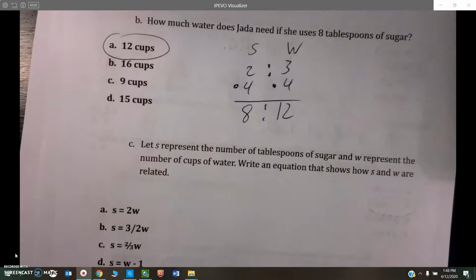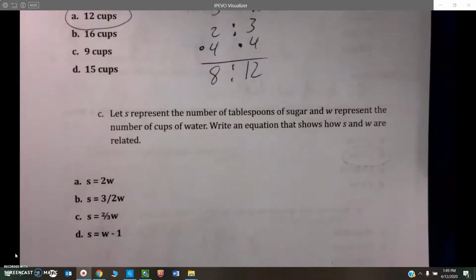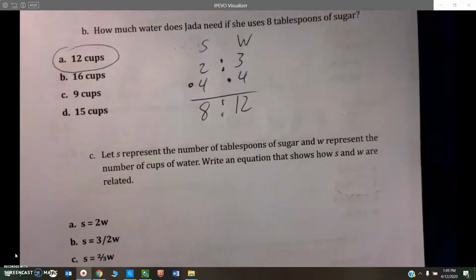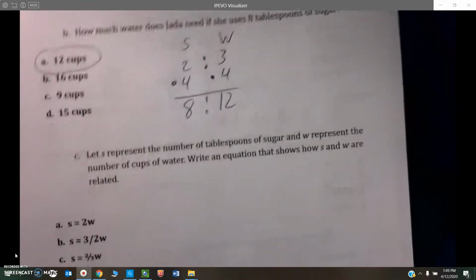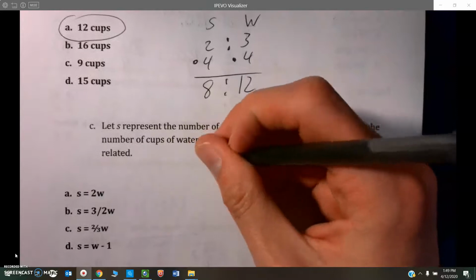And so let S represent the number of tablespoons of sugar and W represent the number of cups of water. Write an equation that shows how S and W are related. Okay. So my ratio up here was a 2-to-3 ratio, right?